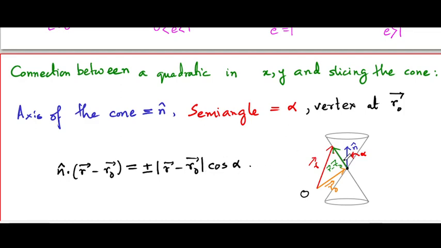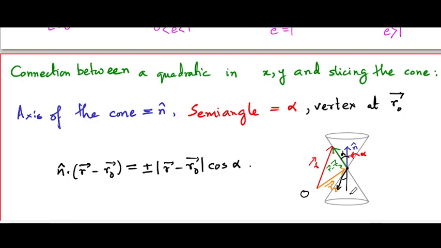Now the angle between them, we have been saying that that could be alpha, but of course your point could be on this side, in which case the angle between them would not really be alpha, it would be pi minus alpha. So it's either cosine alpha or cosine of pi minus alpha, which is where the plus minus sign comes from. So the plus sign comes when you're on this side and minus when you're in the opposite side to the axis which you have taken.